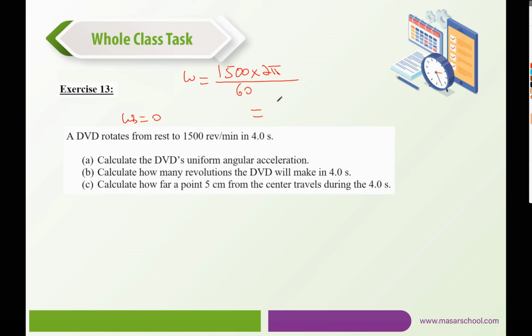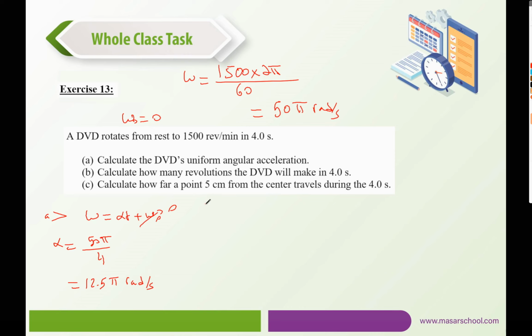Plugging that on the calculator, the final speed is 50 pi radians per second. In part A, we need to find the uniform angular acceleration, which means that we can refer to the type of motion. Omega is alpha t plus omega 0. From rest, that would be 0. Then alpha would be omega, which is 50 pi, divided by 4, and that would be 12.5 pi radians per second squared.